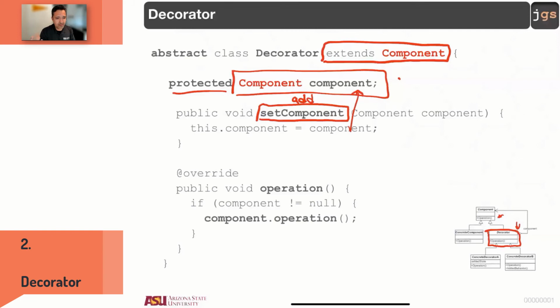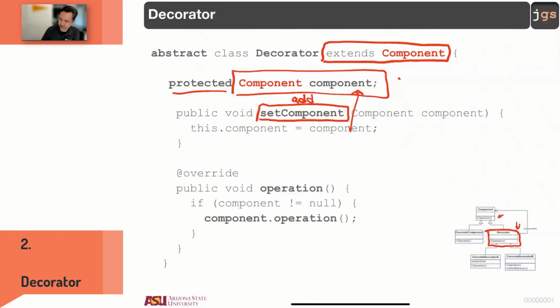Following the object-oriented programming things in the 90s, it is a setter, set and the name of the variable, setComponent. To make this easy to follow, in the Java API, the method is called add. You add an element. You add a panel to another panel. You add a widget to a panel. That one is your method add.